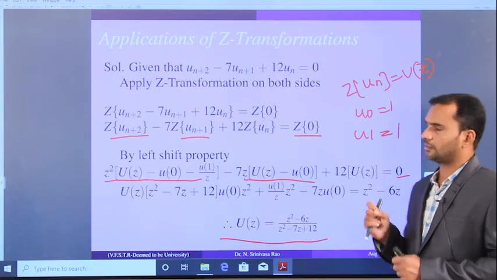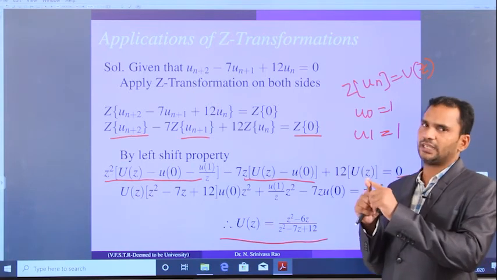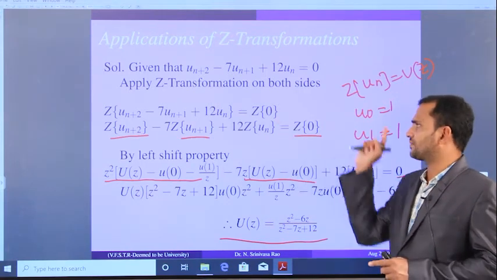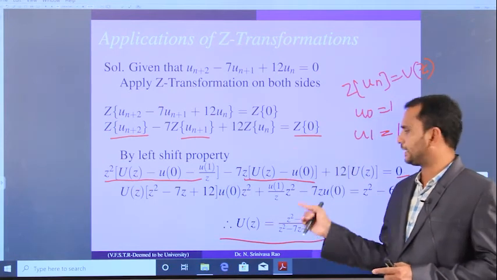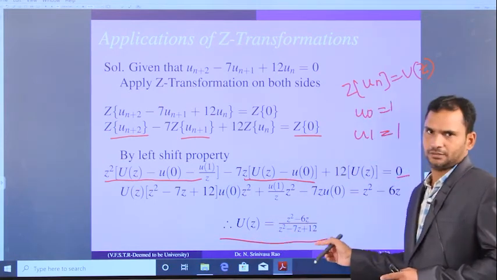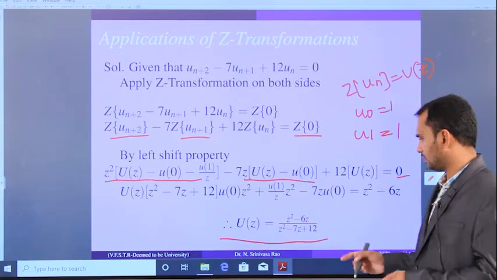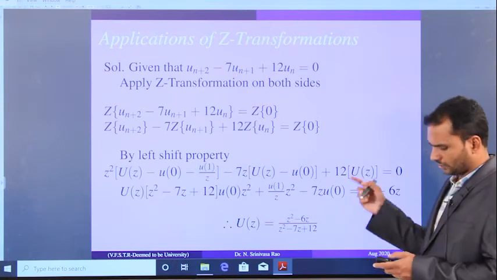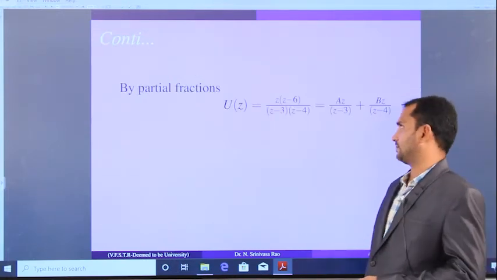Everybody remember, when you are solving a difference equation, your first step is to apply the Z transform on both sides of the given equation. Your target is to find U(z). Once you know U(z), you can find u_n. Next, apply partial fractions.